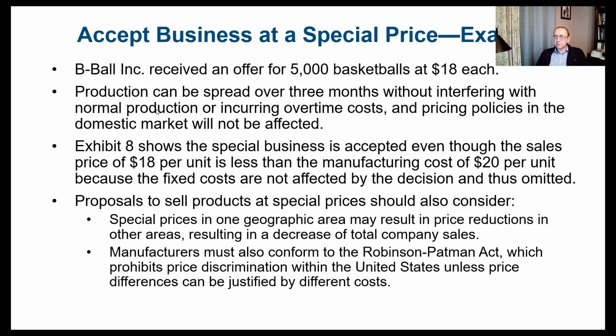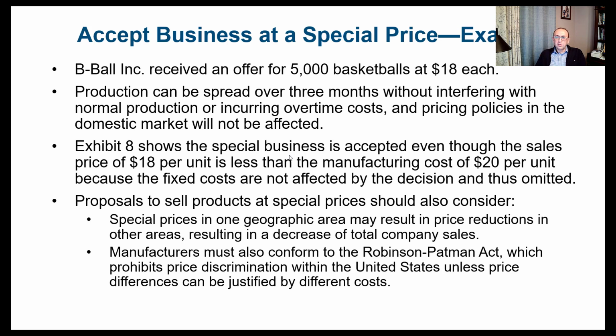Production can be spread over 3 months without interfering with normal production or incurring overtime cost, and pricing policies in the domestic market would not be affected either. In the next exhibit, we'll see that the special business is accepted even though the sales price of $18 per unit is less than the manufacturing cost of $20 per unit, because the fixed costs are not affected by the decision and thus omitted.